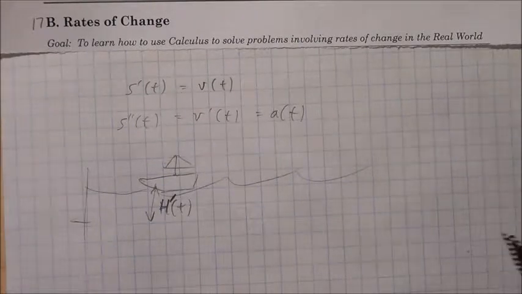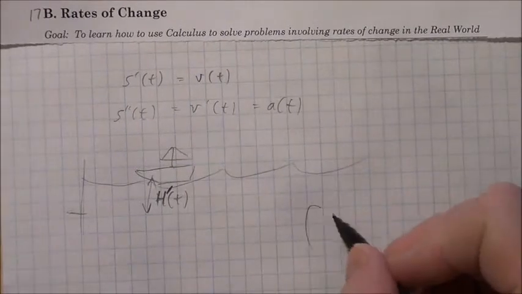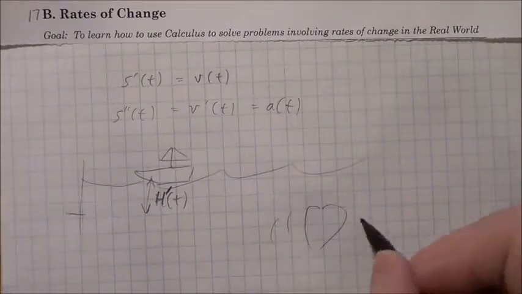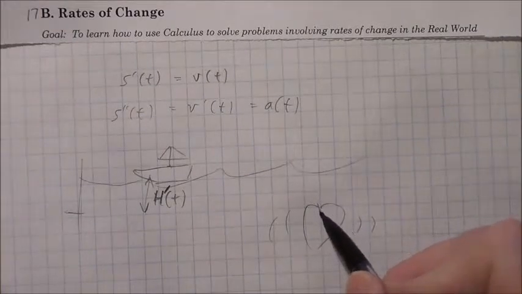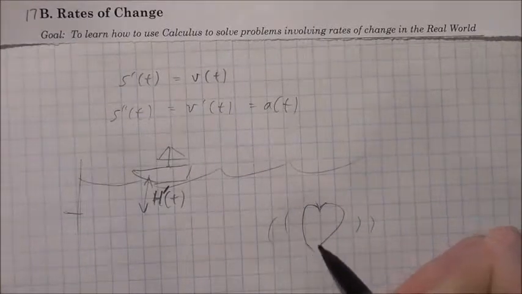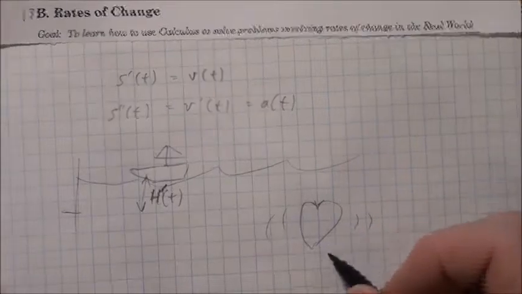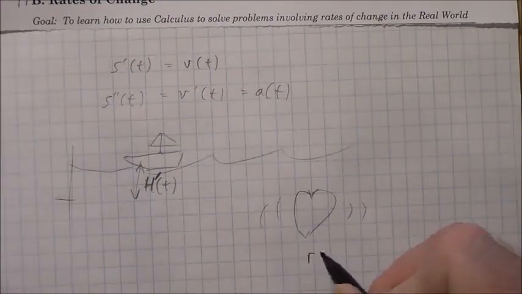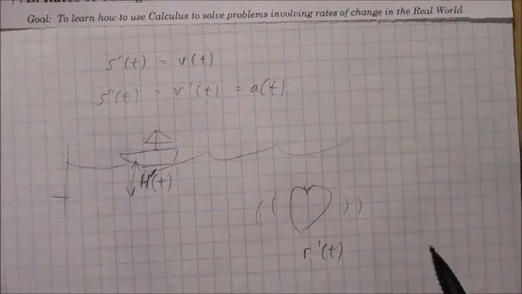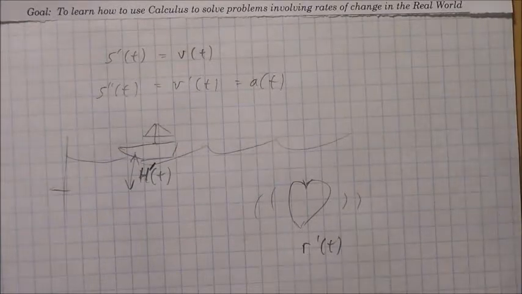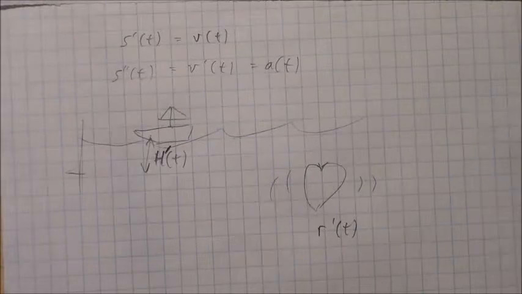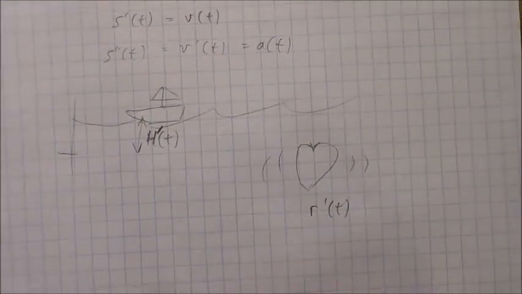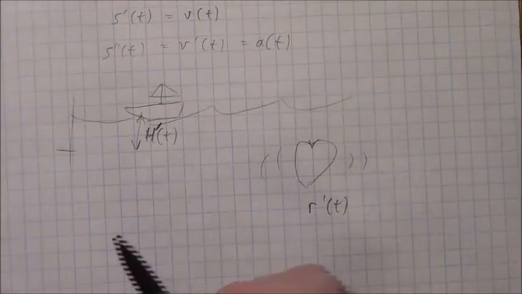We could take a look at maybe a person's heart rate, and we could look at that as perhaps r prime of t as the heart rate changes, etc. We could take a look at the change of the height of a person sitting on a roller coaster with respect to horizontal distance moved.